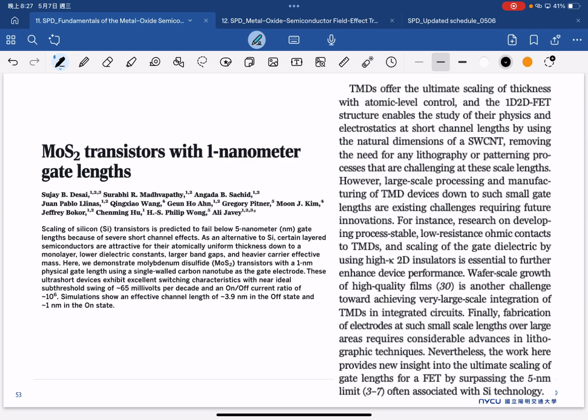Everything in the textbook is technology that we are not using now, and it's also not the technology that we are developing in the future. But of course, the knowledge in the textbook is very classical and epic, and everyone has to have these fundamentals. But now we can start to look at the general status of the future transistor.